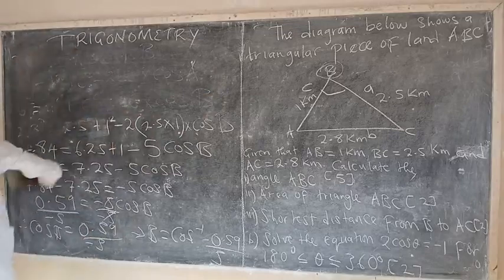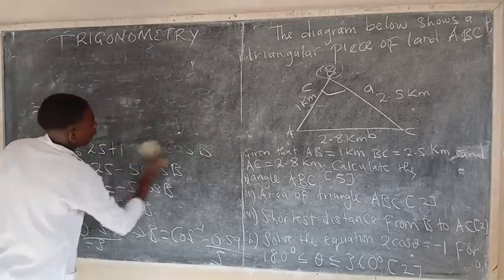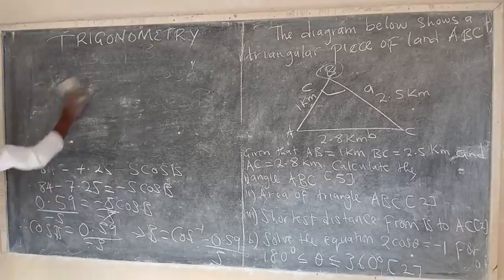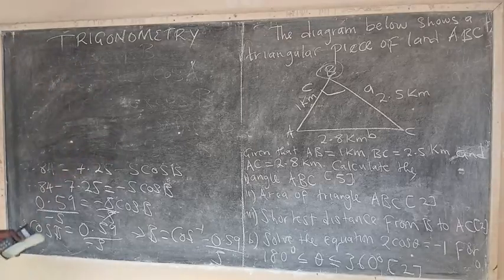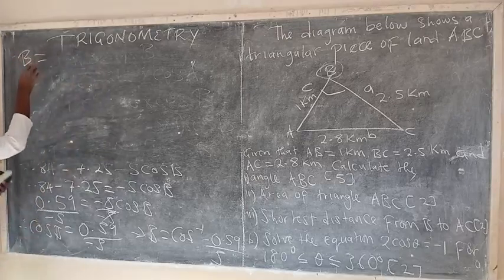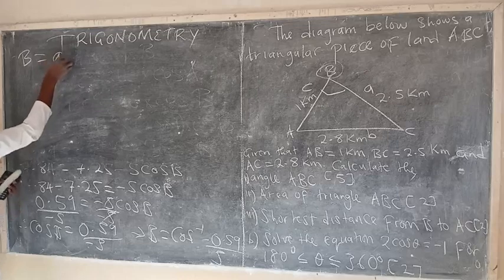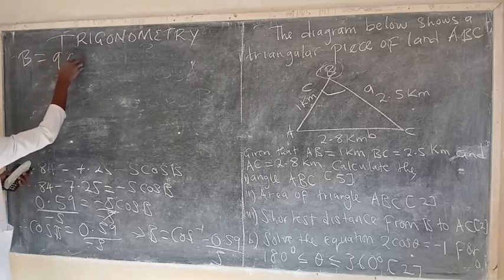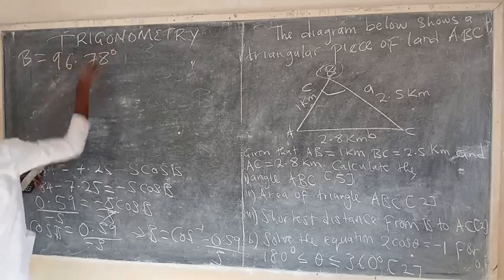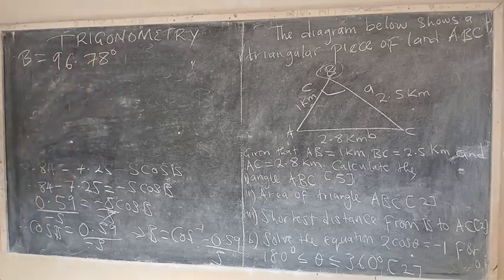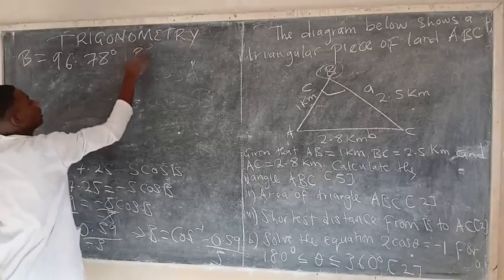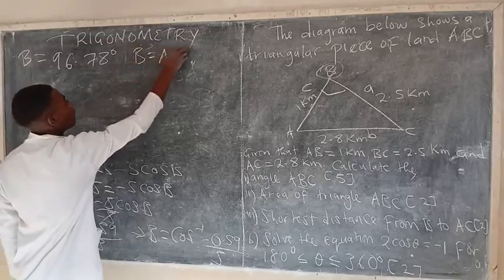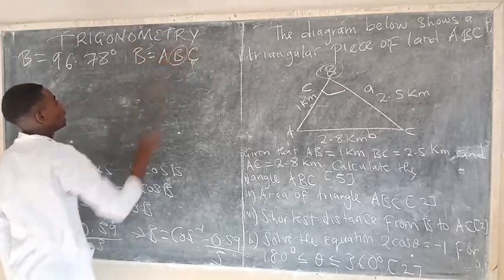So we will find that our B should be equal to 96.78 degrees. Our B is equal to our ABC, which is the letter that is here.